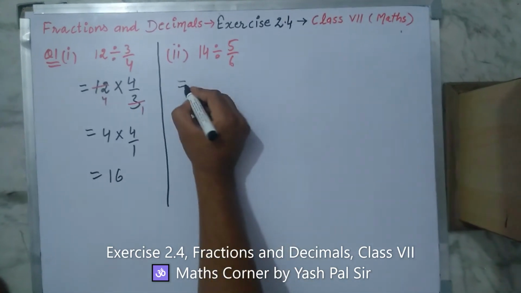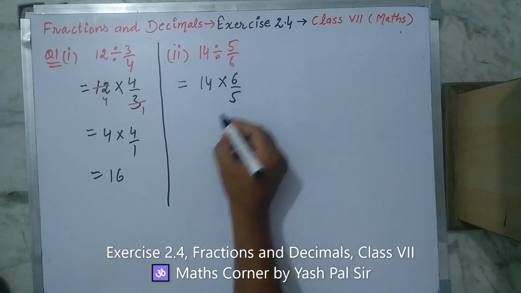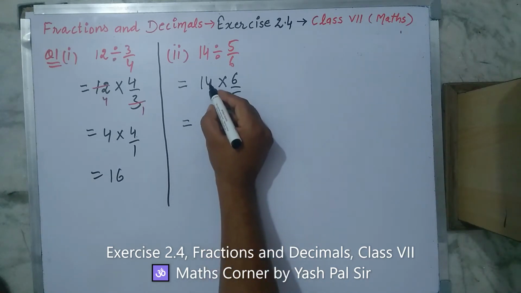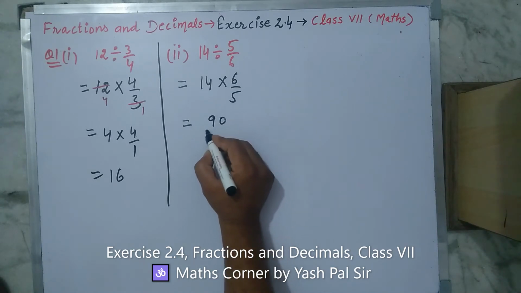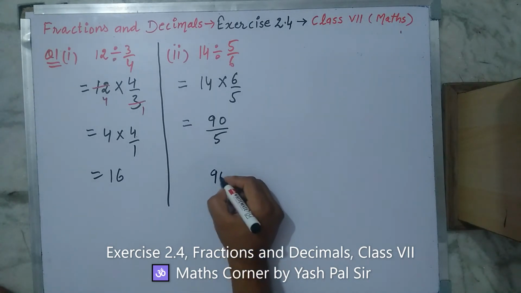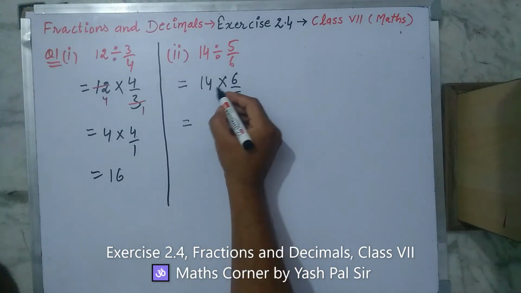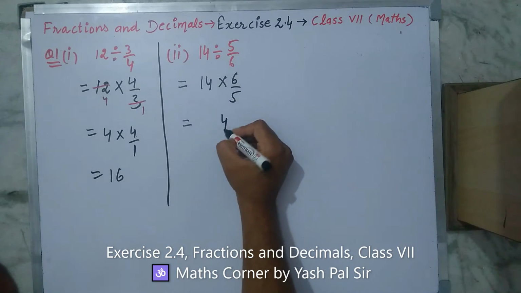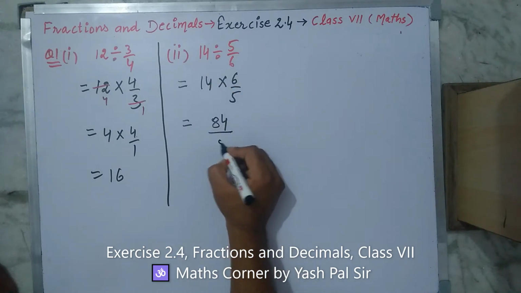This means 14 into 6 upon 5. This is equal to 84 upon 5.